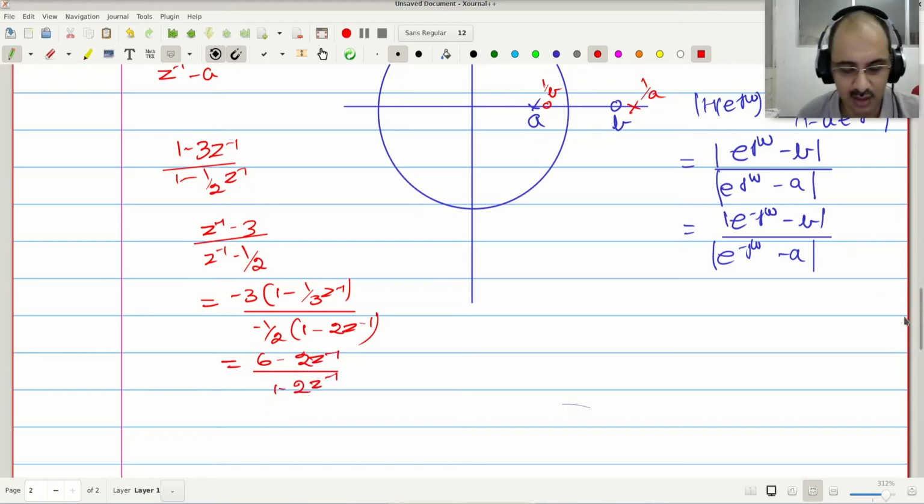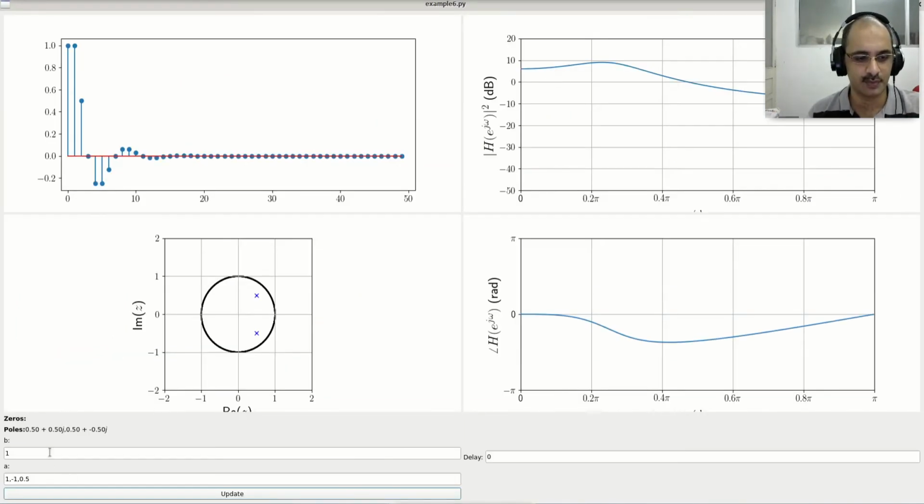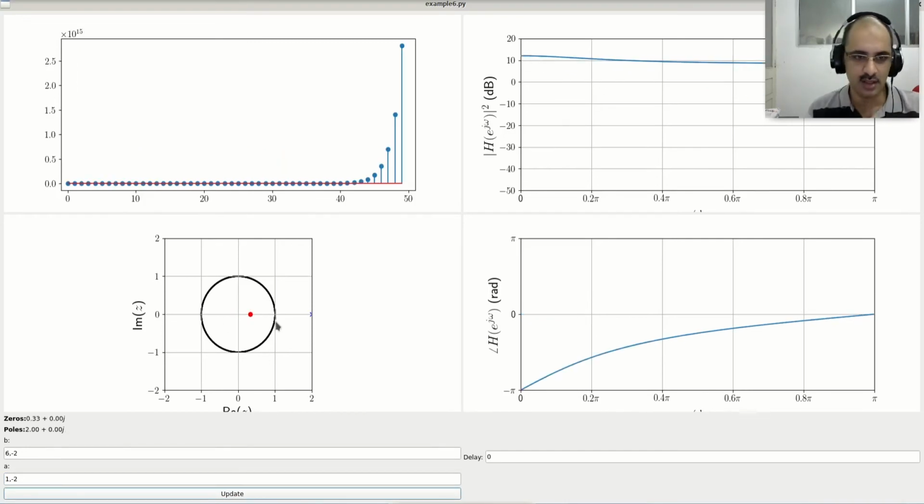I think that is something which we can quickly try. So 6 minus 2, 1 minus 2. Let's try to see what this is. Okay, yes. So indeed this seems to blow up on the right, and that tends to happen. But there is a well-defined magnitude response. We'll have a look at that in a minute.